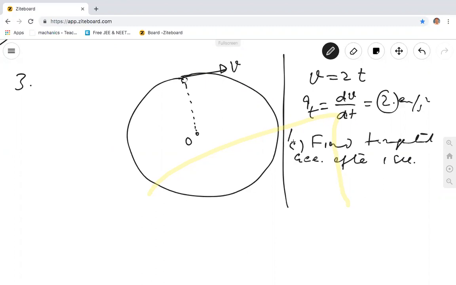This is the second question, isn't that? It is the B part of this. Find the tangential acceleration at t is equal to 1 second. What is the answer? 2. Answer is 2. Why? Because tangential acceleration is constant. It's the speed which varies, but tangential acceleration is constant. So it is the same after 1 second, after 2 seconds, the same as this value.